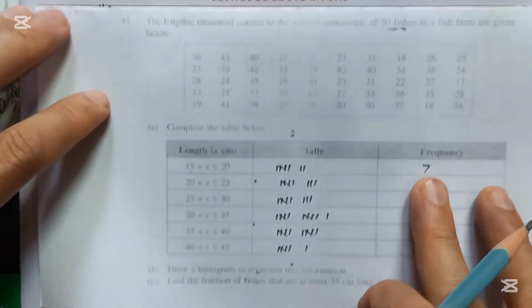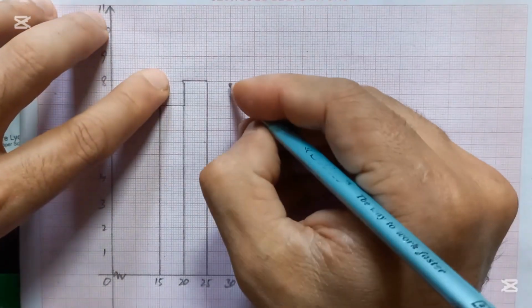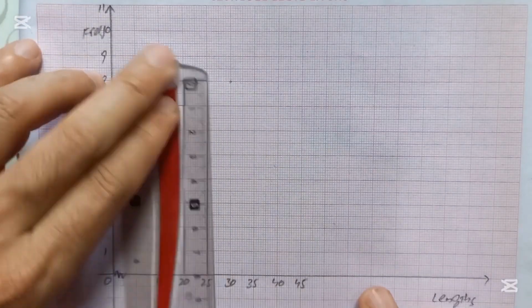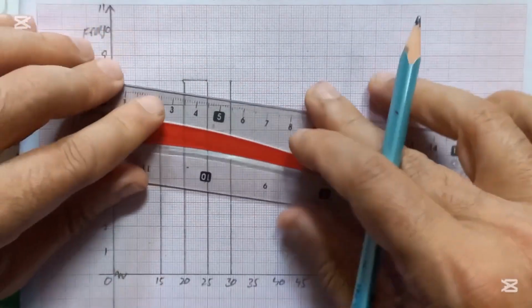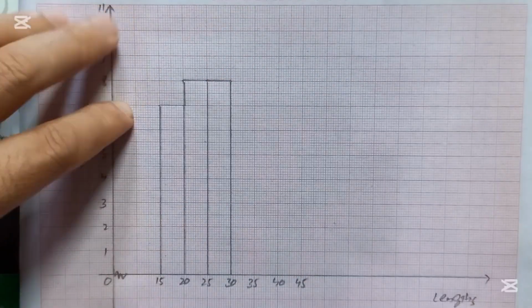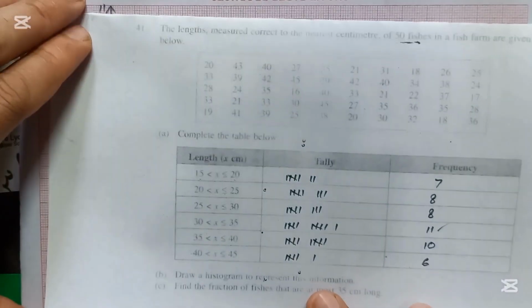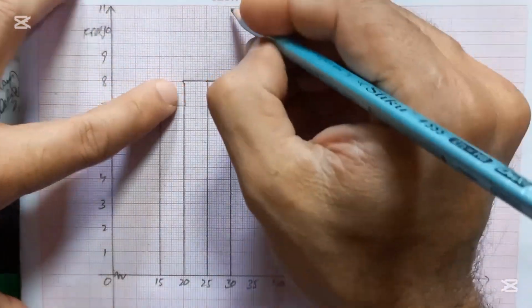Next is 25 to 30. So this is also 8. Next is 30 to 35, 11.